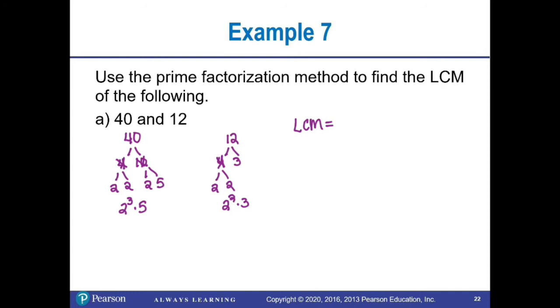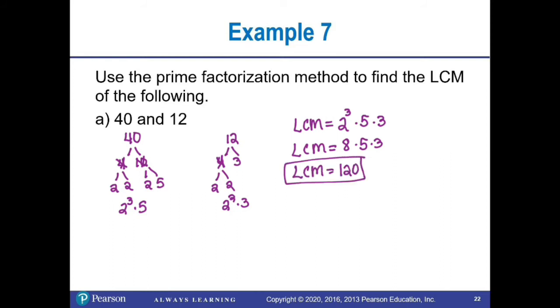I want to look at every prime factor that's listed, and I want to use the larger power. So I notice we have 2's listed, and I want to use the larger power, so that's going to be 2 to the third. There's also a 5 and a 3 listed in the prime factorizations. 2 cubed is 8. 8 times 5 is 40, times 3 would be 120. And so our LCM of 40 and 12 is 120.